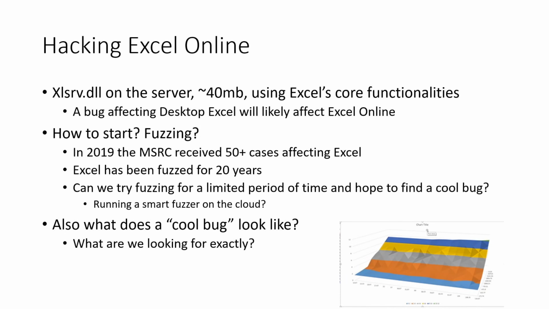I don't know. We need to think a bit about that. And also, what am I after? What kind of bugs am I looking for? Because in Excel Online there are some mitigations like DEP, ASR, things like that. I need to get an interesting bug, at least interesting enough that I can bypass some mitigations.